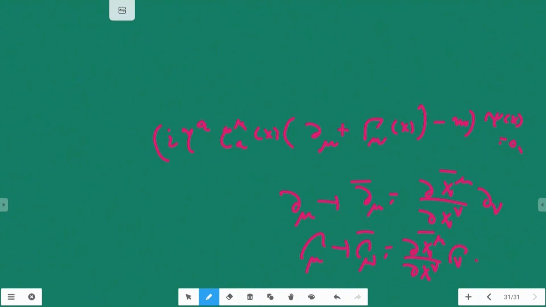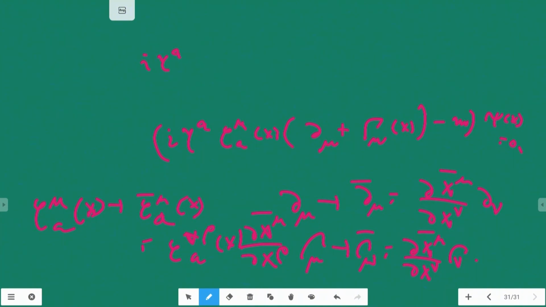So this whole thing will transform to iγ^A. What will e_A^μ transform to under diffeomorphisms? It will transform to e_A^μ bar(x), which is e_A^ρ(x) ∂x̄^μ/∂x^ρ. So cancellations will take place between a contravariant and a covariant index. When you are contracting a contravariant index with a covariant index, it becomes a scalar.